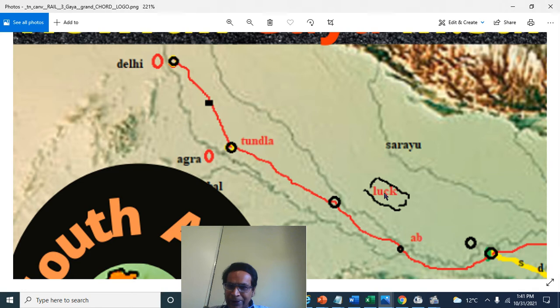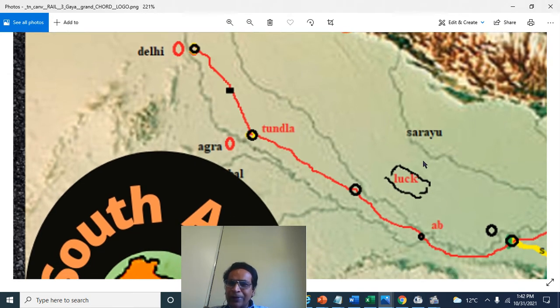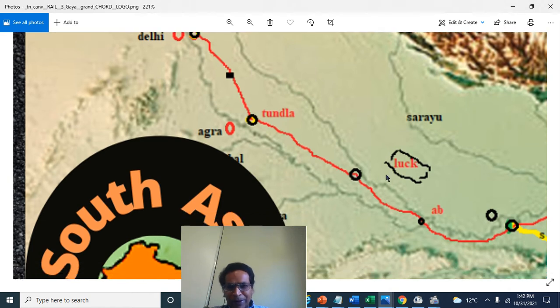At Lucknow, his capital administrative center, previously it was on the Saryu River, Gagra River, at Faizabad or Ayodhya town. So Lucknow, I have just demarcated the Lucknow district here. We have Barabanki here and we have Unnao here, Raebareli, Sultanpur and so on. So we are in Kanpur cantonment city.